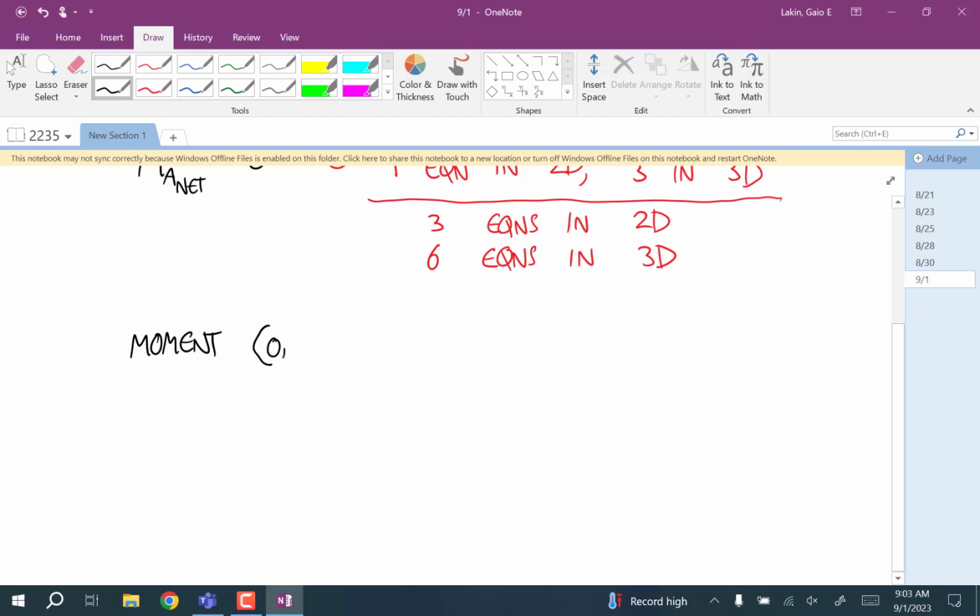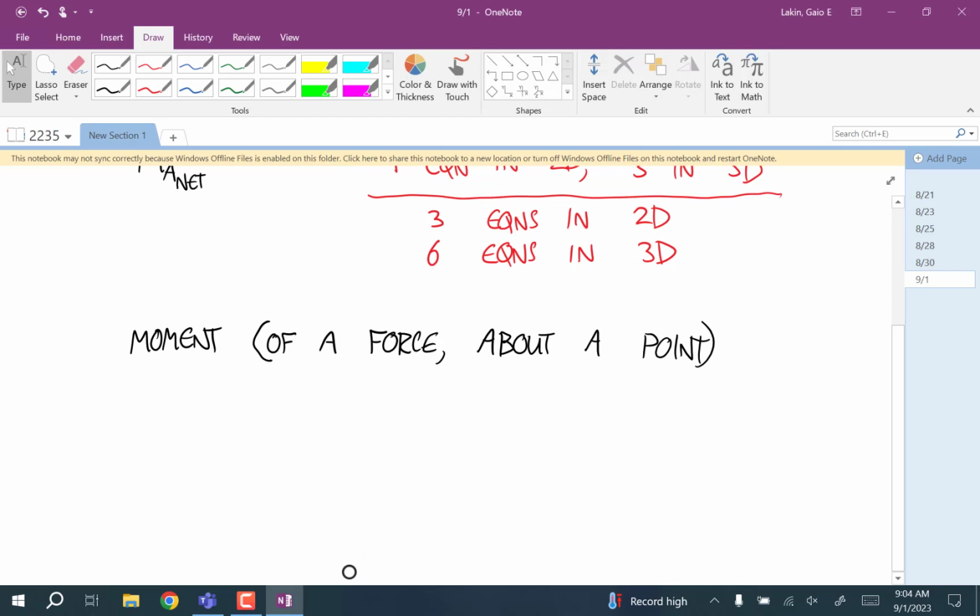But really, it's the moment of a force about a point. And obviously, the force that you're dealing with matters in what the moment is. The point that you're calculating it about also matters. So whisper that stuff to yourself whenever you say moment.